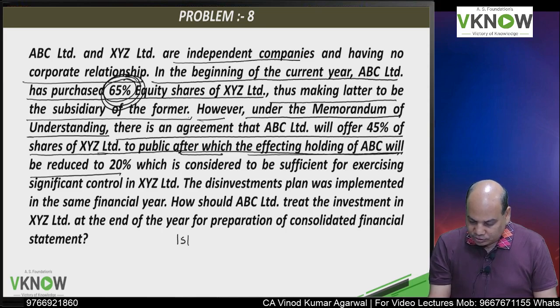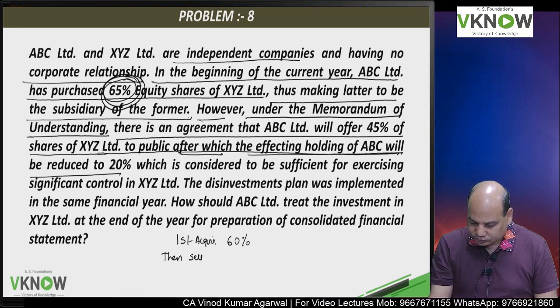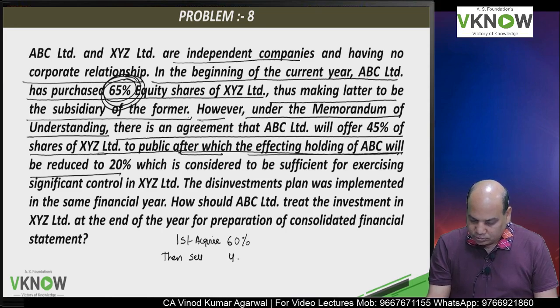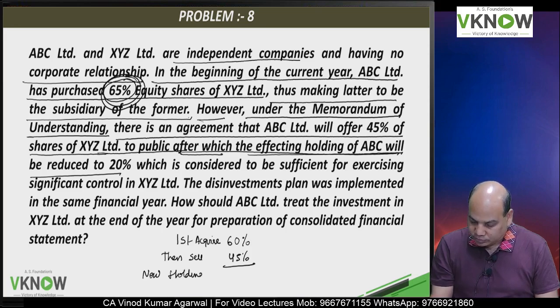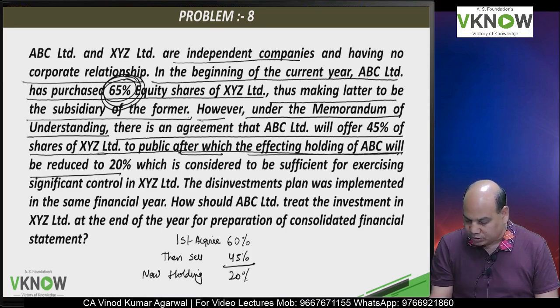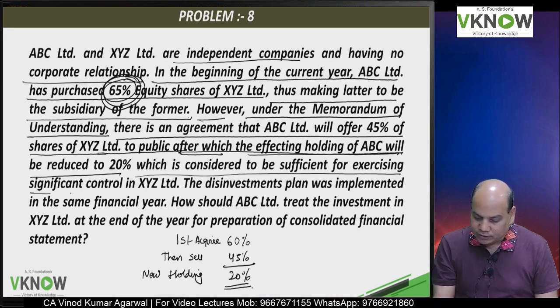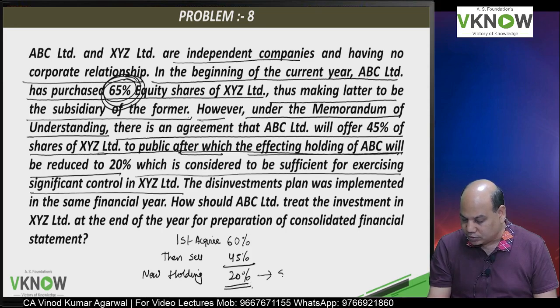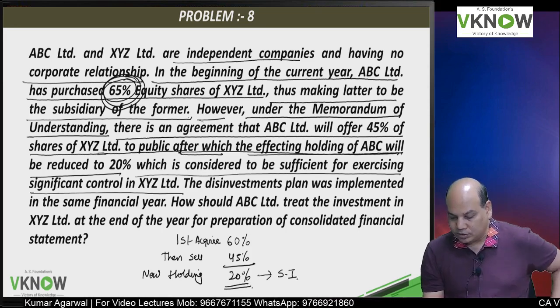So first they will acquire 65%, then sell 45%, now holding 20%, which is considered to be sufficient for exercising significant influence. And now you are having significant influence.